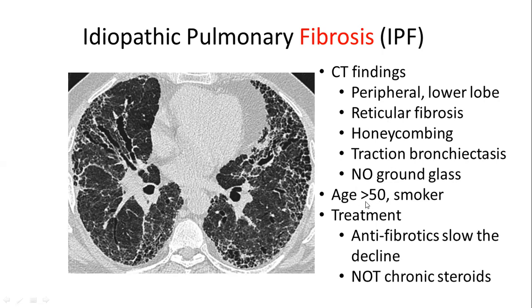It's really unheard of under age 50, and usually people with a smoking history, but it's not known how smoking contributes to it. And there are antifibrotic medications rather than the anti-inflammatory medicines that we usually use. So we don't put people on chronic steroids and things like methotrexate and Cellcept. Those would be for other types of ILD, but not for IPF. So that's important to remember because it's managed differently.